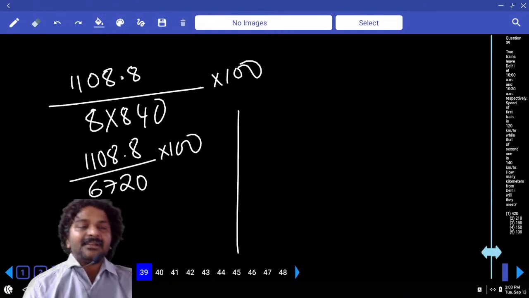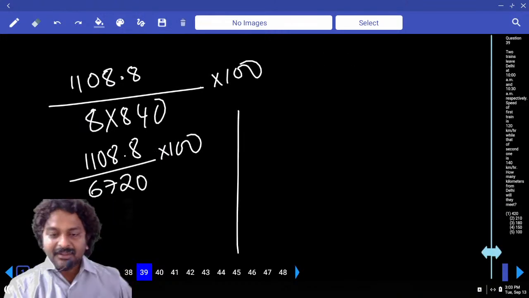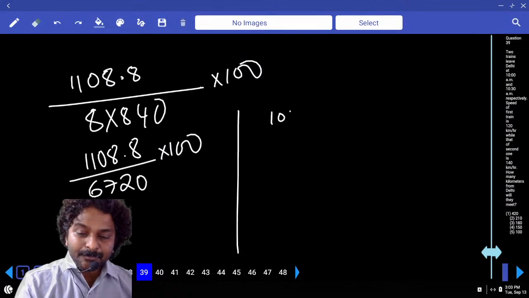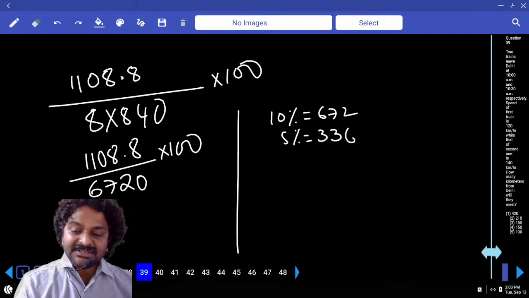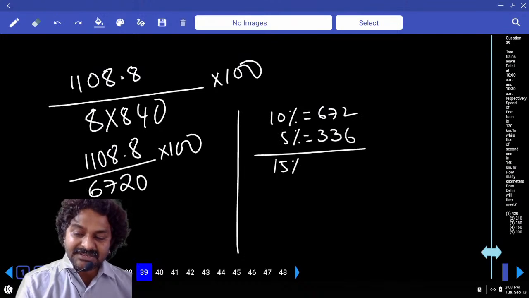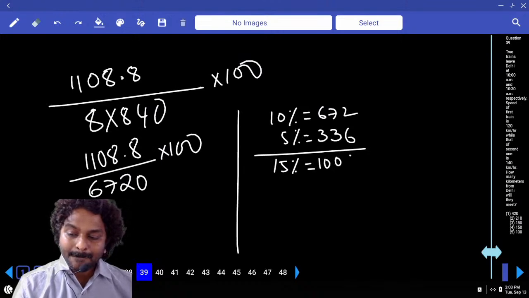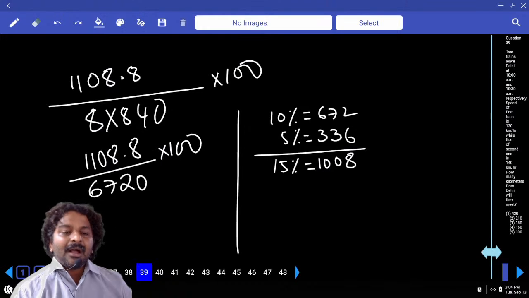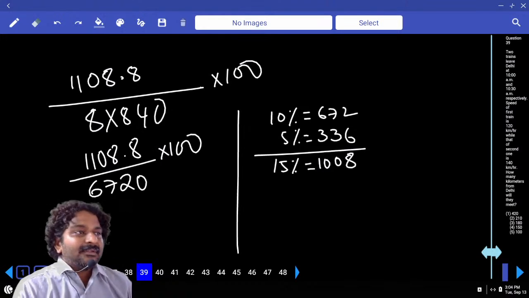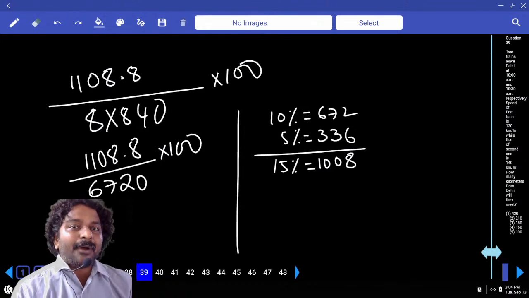Right. So I'll try to get the answer using the denominator. What is 10% of the denominator? 672. What is 5%? 336. Then tell me what is 15%? 1008. Come on. How much is our numerator? 1108.8.